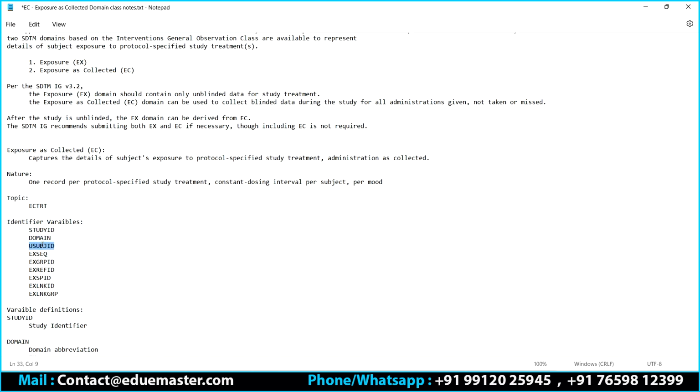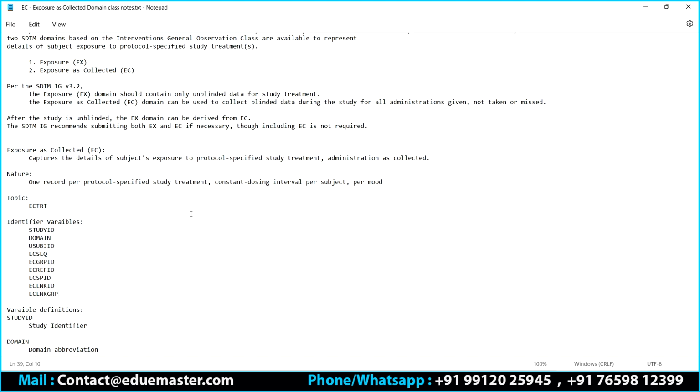Then you have the domain, the unique subject ID, the exposure as collected sequence number, then a group ID, then the reference ID, then the sponsor-defined identifier, then the link ID, which is nothing but whether it is related or linked to any other domain. If yes, what is that particular linking group? The same identifier variables will also be part of your exposure domain.